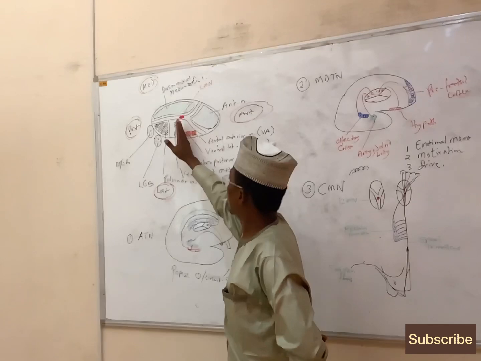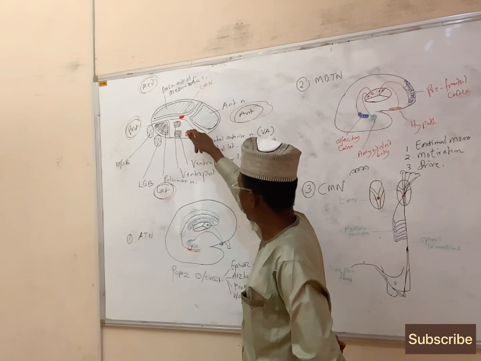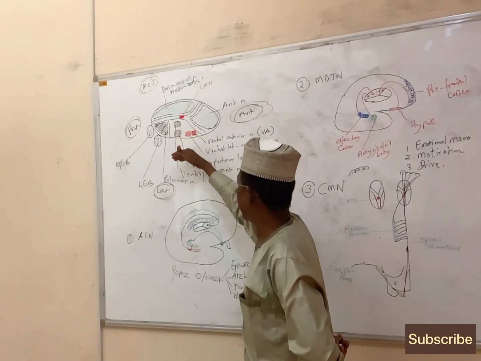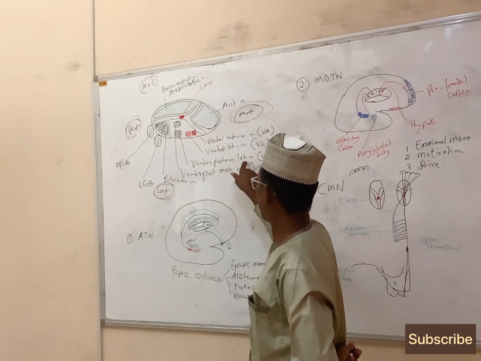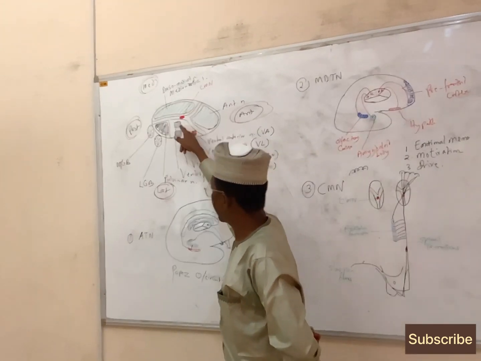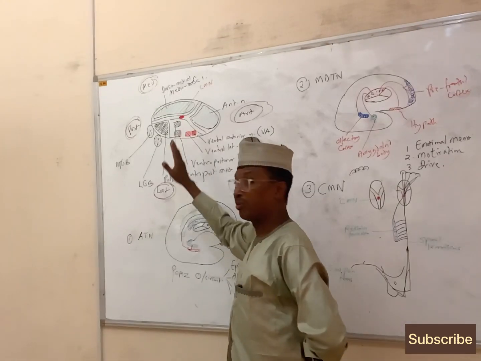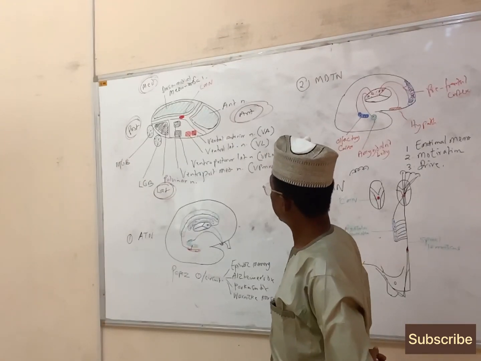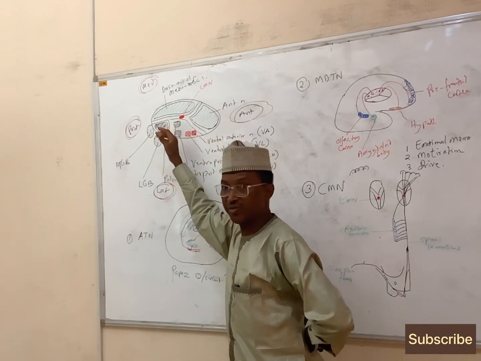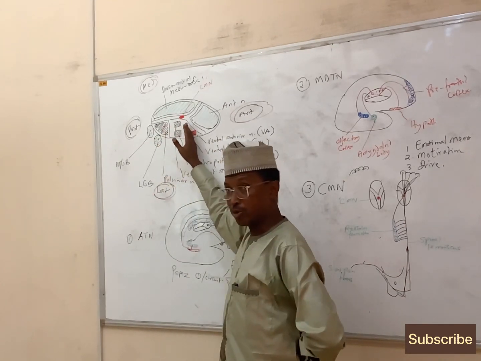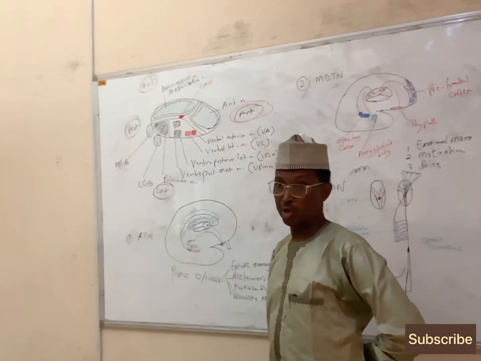And then on the posterior side of this one, you have one on the medial side and one on the lateral side. The one on the lateral side, on the posterior side of this lateral group, we call the ventro-posterior lateral nucleus. And the one on the medial side, we call the ventro-posterior medial nucleus, because the two together are lying behind this ventral lateral thalamic nucleus. So the posterior-most nucleus is very large, larger than the remaining four that I've just mentioned. The whole area here is called the pulvinar nucleus.